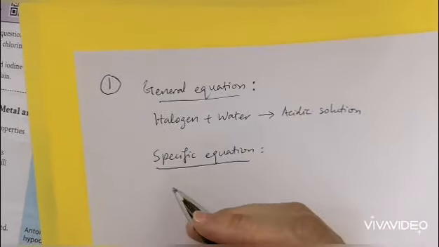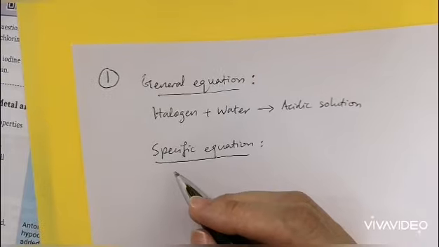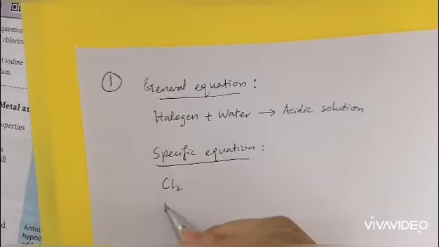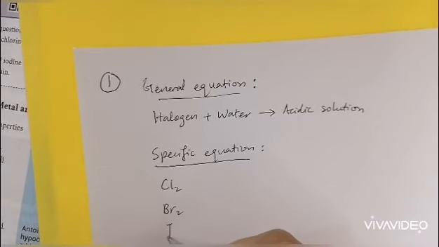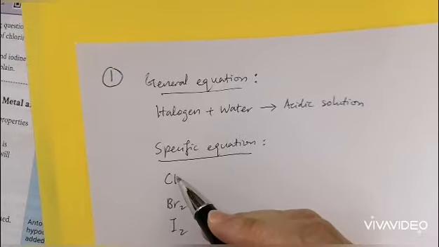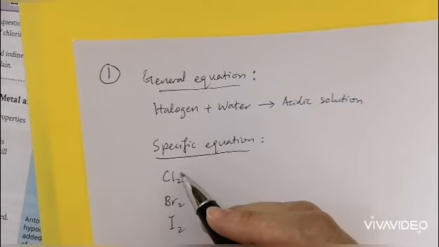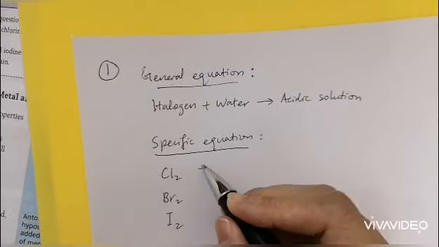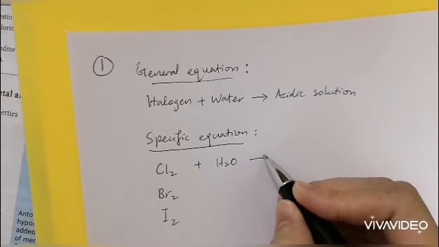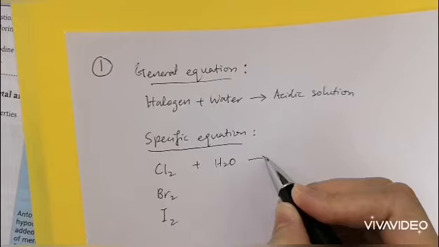Okay, so we want to study 3 different halogens: chlorine, bromine, and iodine. Let's follow the general equation. The halogen is chlorine. It reacts with water to produce an acidic solution.